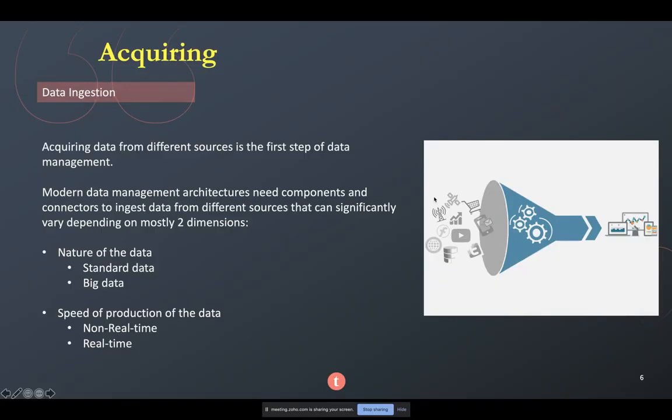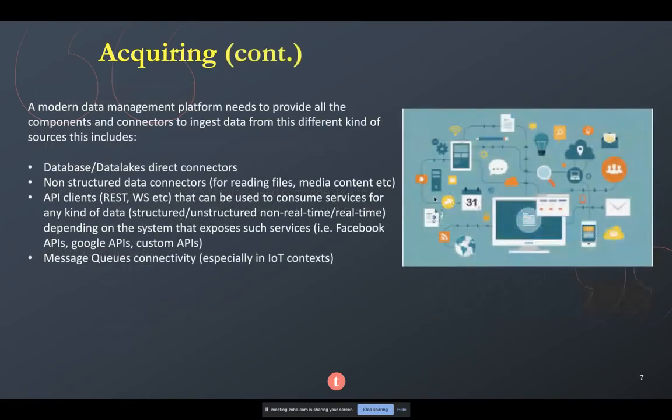And it comes with different challenges, because on one end, the nature of the data can be standard data. So you can have a very small table, 100 rows, 5 columns, a few kilobytes of data. When we are talking about big data, we can talk about terabytes of data that need to be processed, as well as the production speed.